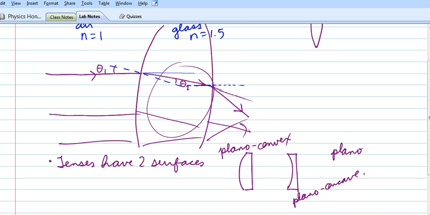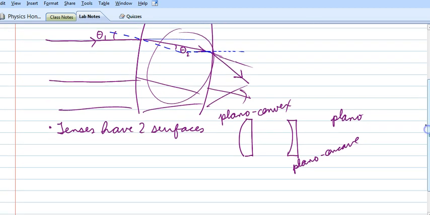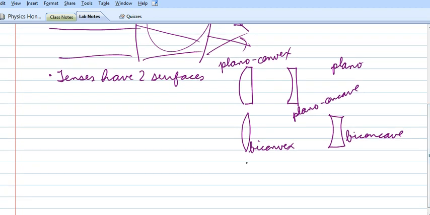Of course, you can have lenses that have both sides convex, so this is biconvex. You can have both sides concave, or biconcave. And then you can even have combinations where one side is convex and the other side is concave.